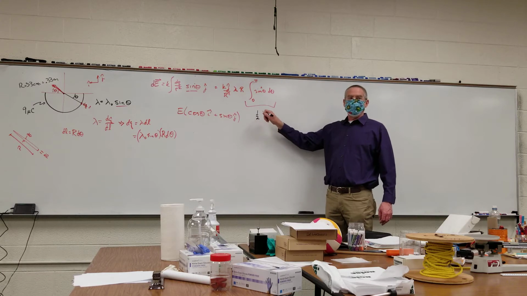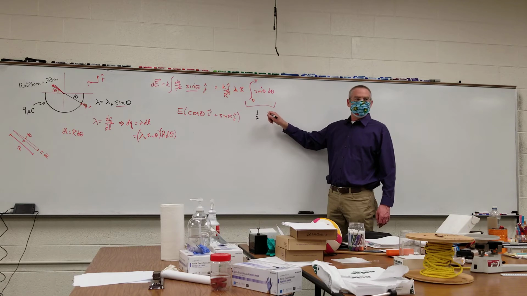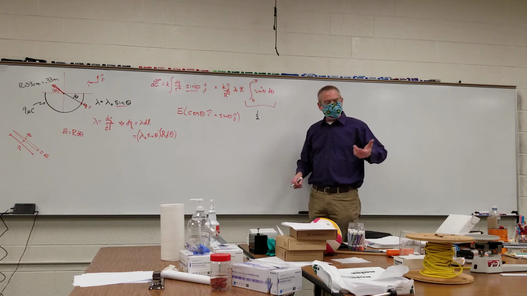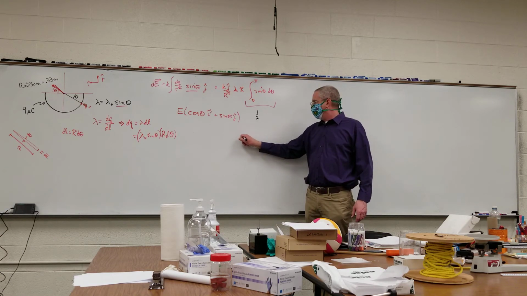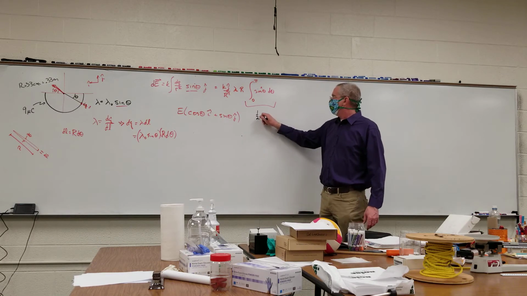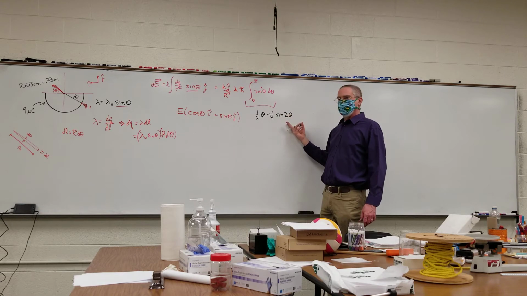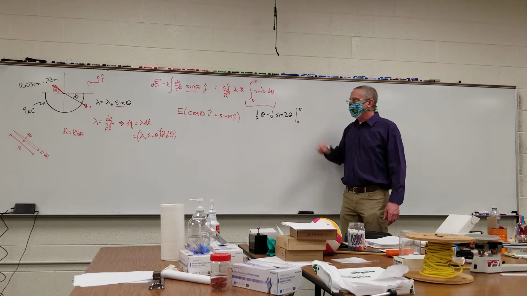There's a sine 2 theta in there, minus. All right, so we have the angle formula, which I think might be a little bit faster. I know that it's 1/2 of x minus 1/4 sine of 2x plus c. So 1/2 theta minus 1/4 sine 2 theta.